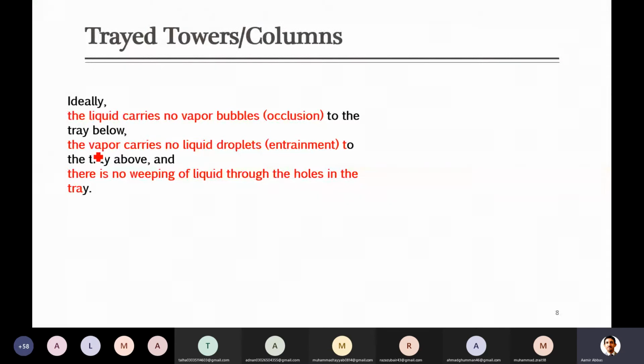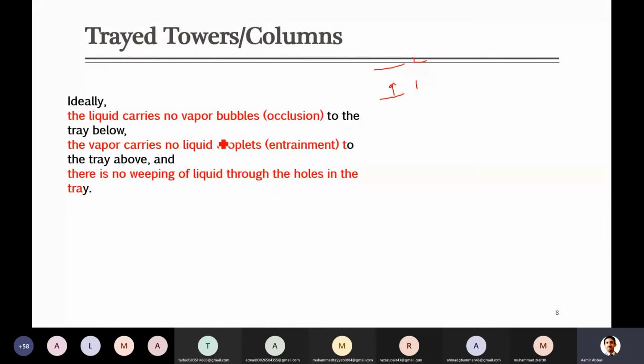For good operation of the equipment, vapor also should not carry any liquid droplets, and that is called entrainment. If you see the term entrainment written somewhere, it always means that when vapors are moving from one plate to the top plate, for example from plate 1 to plate 2, they should not carry any liquid droplets.